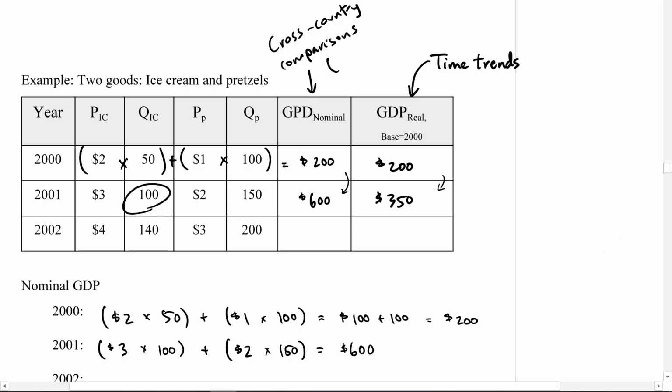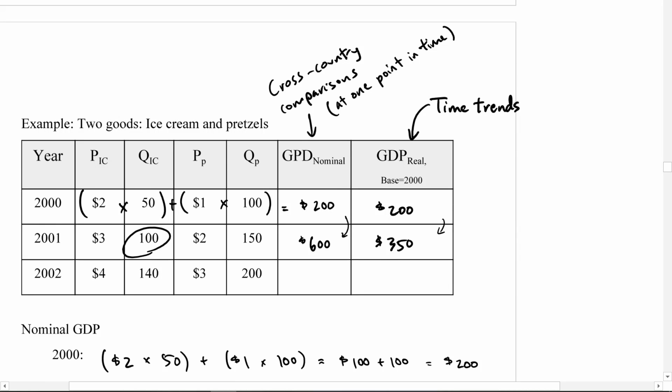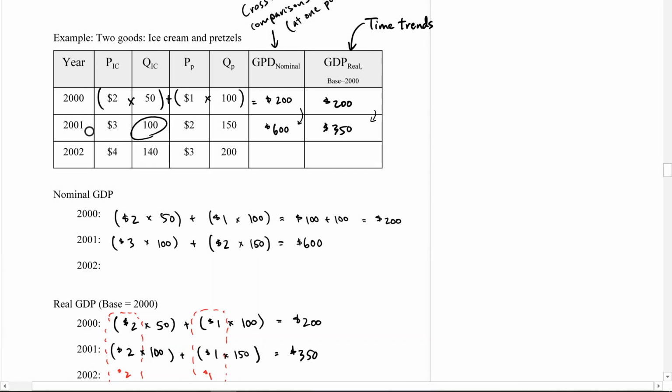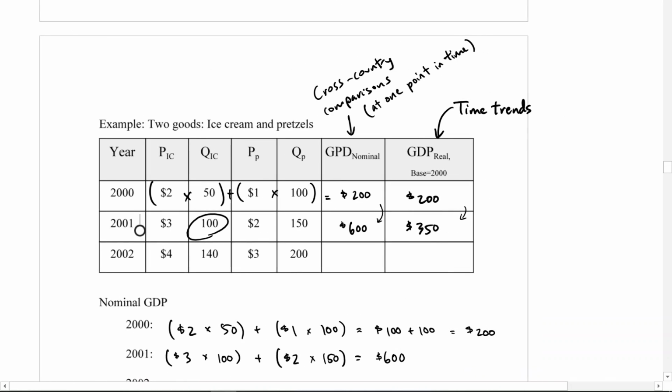And let's just put in parentheses at one point in time. In that case, you could use nominal GDP. But in most contexts, when we're thinking about macroeconomic measurement, real GDP usually gives us what we want.